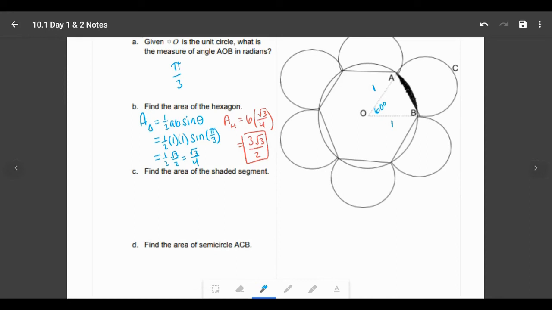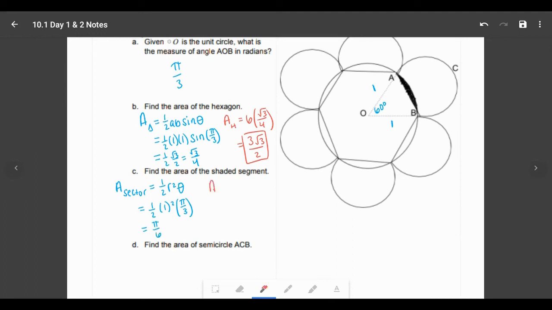So the first thing that I'm going to do is find the area of the sector. And remember that that formula is going to be 1/2 r squared theta, where theta is in radians. So that sector should simply have an area of pi over 6.